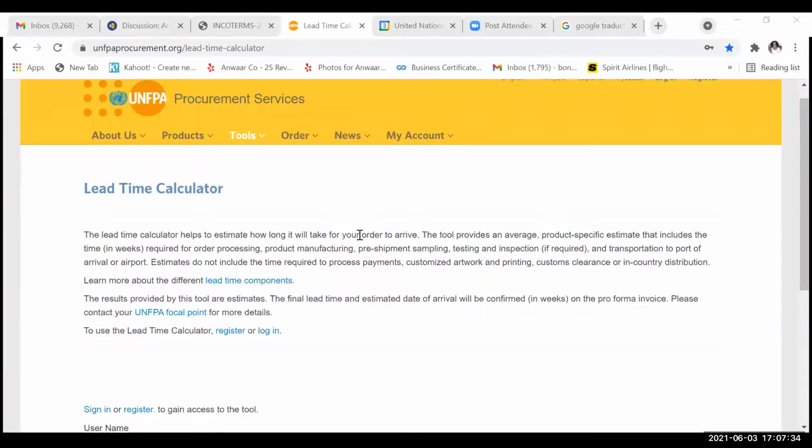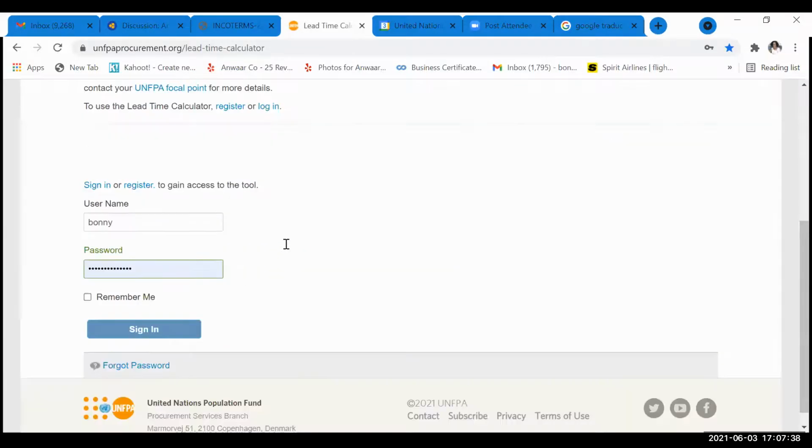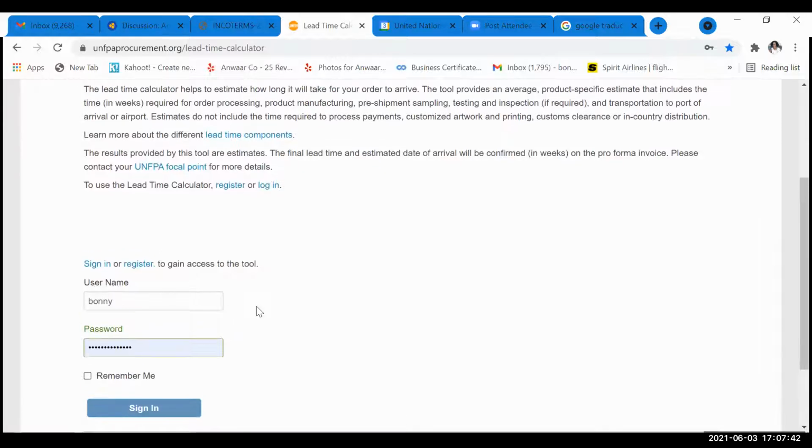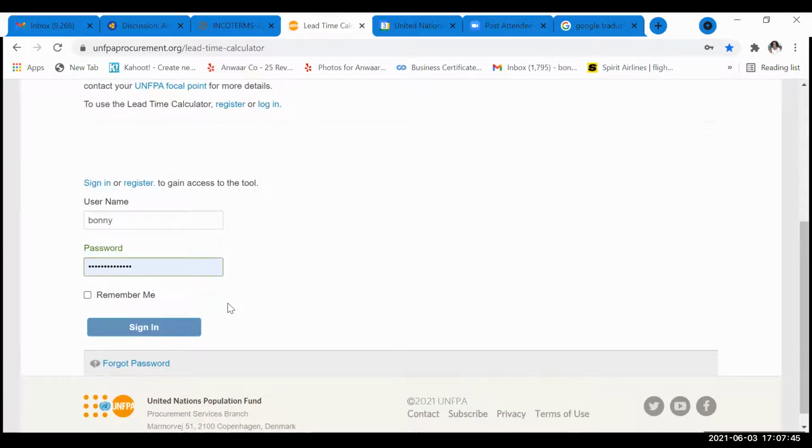Okay, so this is the page where UNFPA staff usually have access to the lead time calculator. My password and name are already there, so it's only for UNFPA staff.